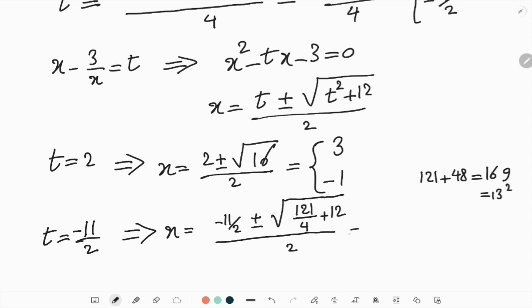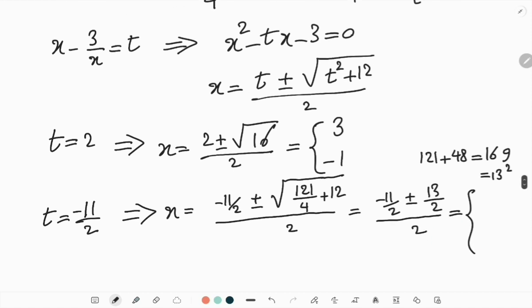So that is minus 11 over 2 plus minus 13 over 2, divided by 2. So the other two answers are, 13 minus 11, that is 2. If you take plus, 2 divided by 2 is 1, and divided by 2 is 1 over 2.